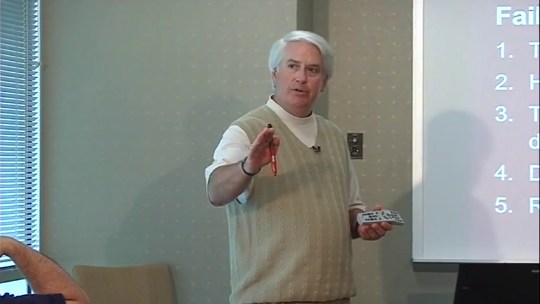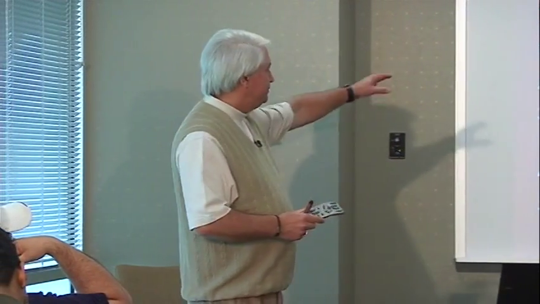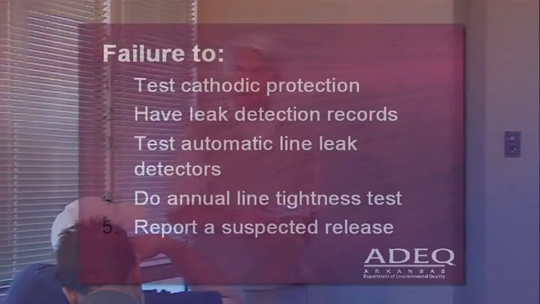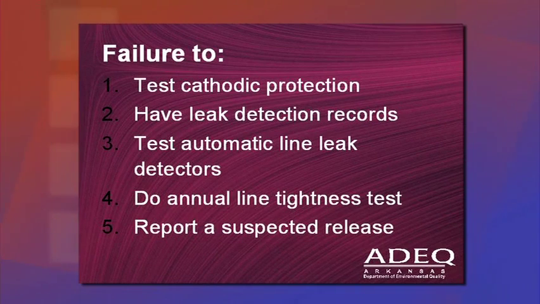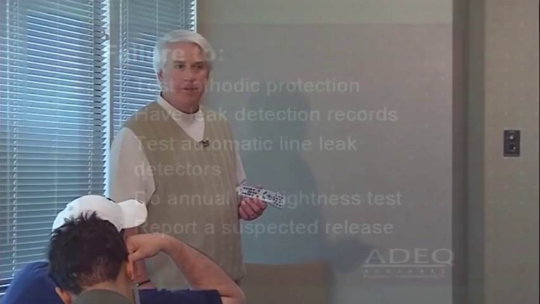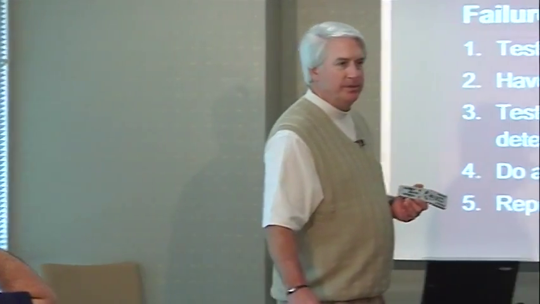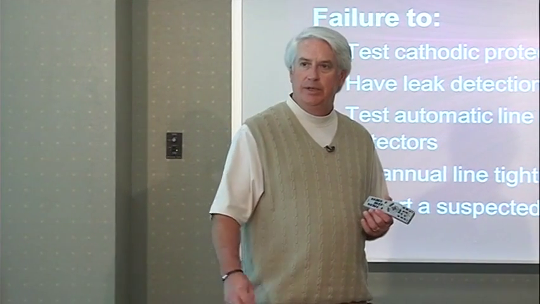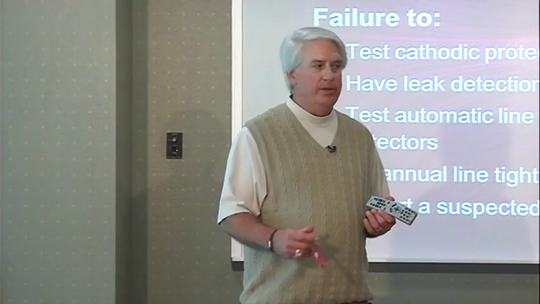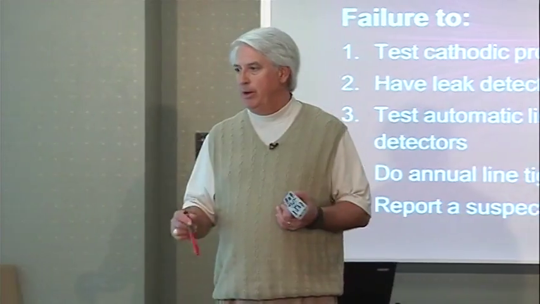So if you have to do corrosion protection, you've got to test it. Have your leak detection records. You know, where's your July 2011 monthly release detection record? Do you know where it is today? If you don't know where it is, you better find out where it is and put it all together in a book.